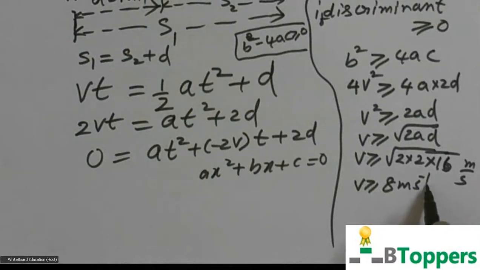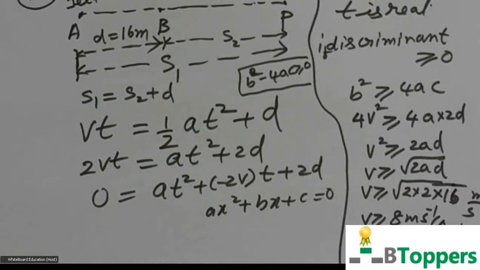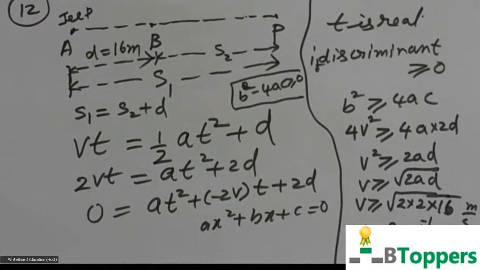So that will be the answer. The dacoit will be caught by the police if V is greater than or equal to 8 meter per second. If you want to copy the solution of the problem, you can take a pause and copy the solution of this problem.